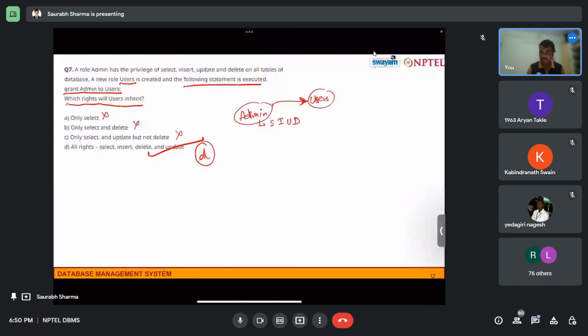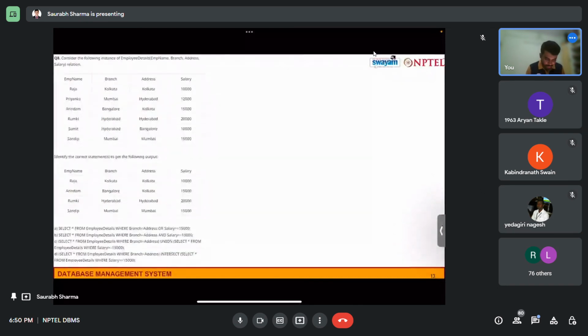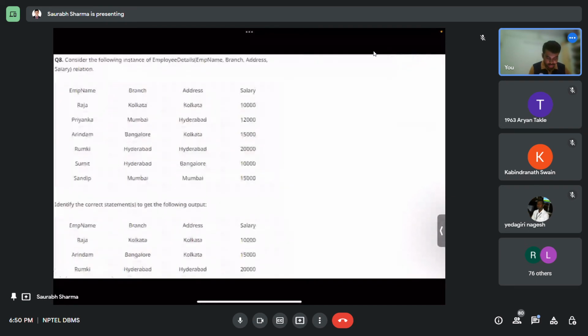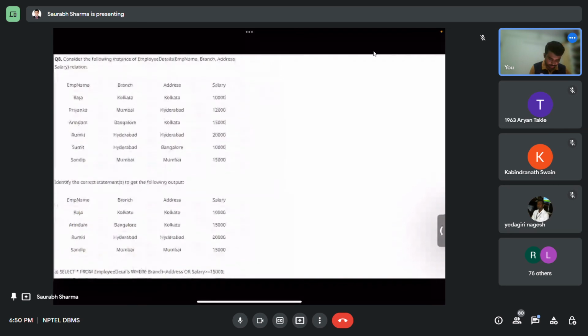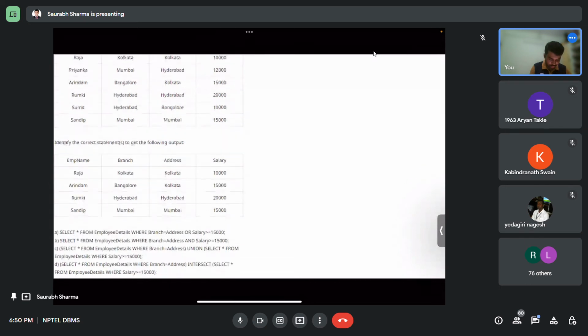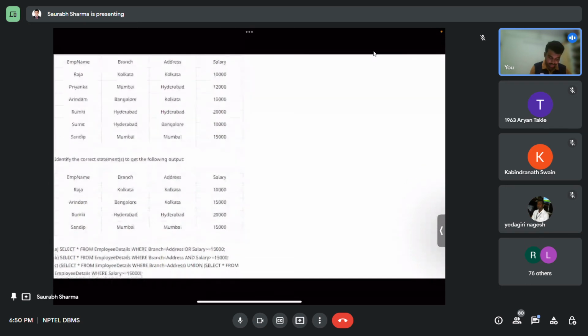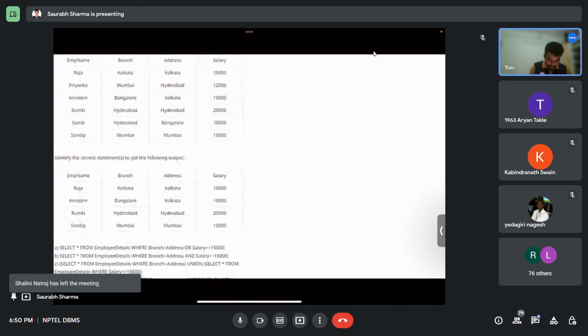Okay, coming to the next one. Consider this instance of employee details. We are given four attributes in a relation. We have to identify which of these will provide the following output.